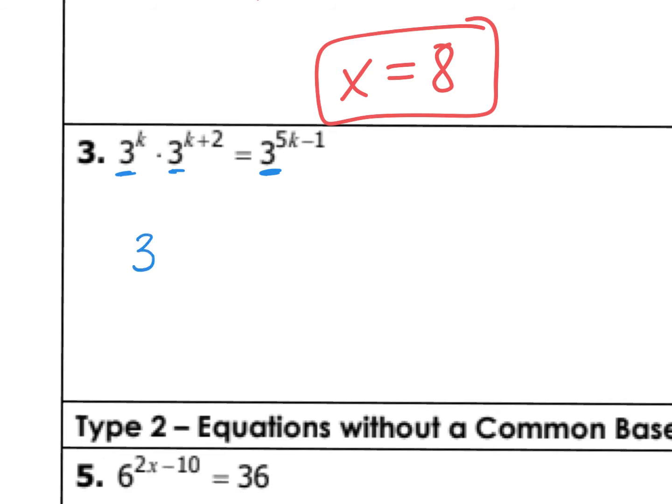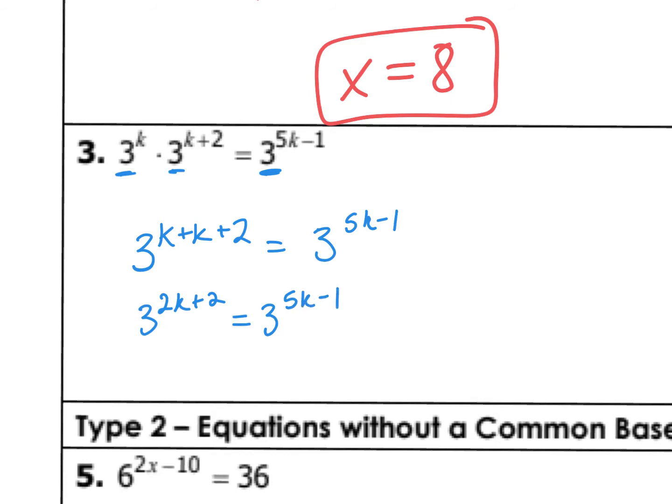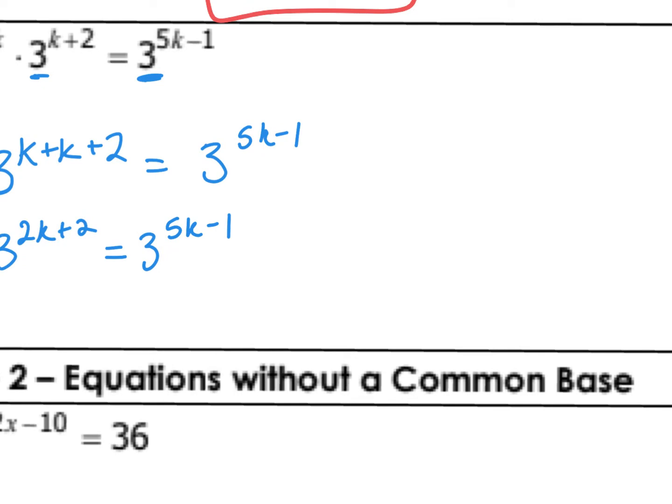So this would be the same thing as 3 to the k plus 2 power equals 3 to the 5k minus 1. What is k plus 2? 2k plus 2. Okay, now is this something I can solve like what I just did previously? One base on each side and they match?